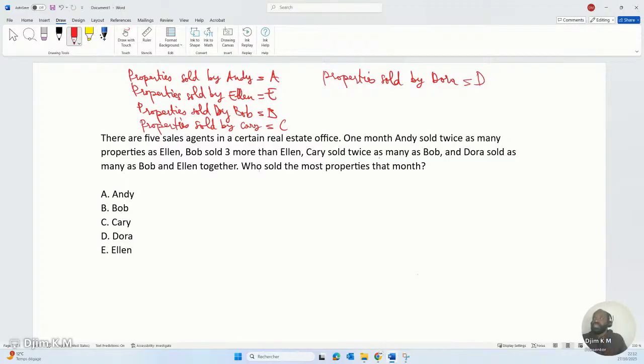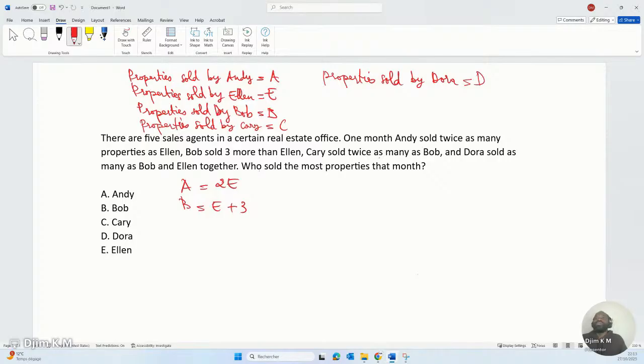So it says we have five of them, okay? 1 month, Andy sold twice as many properties as Ellen. So Andy equal 2 times Ellen. And then Bob sold 3 more than Ellen. So B equal Ellen plus 3.